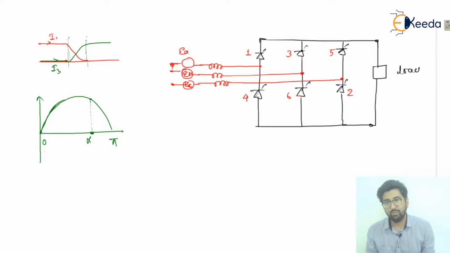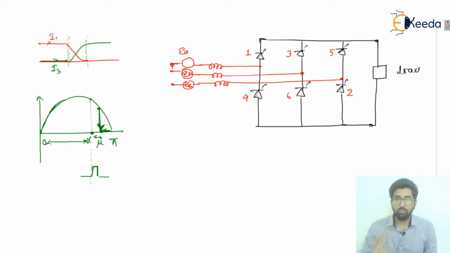This is alpha, the firing angle from 0 to the alpha value. Now let us say this is the overlapping angle, and we are only left with this, and let us suppose here valve number 3 is fired, like this.